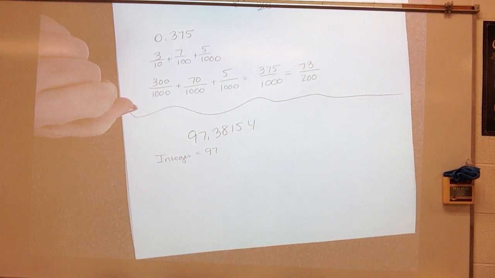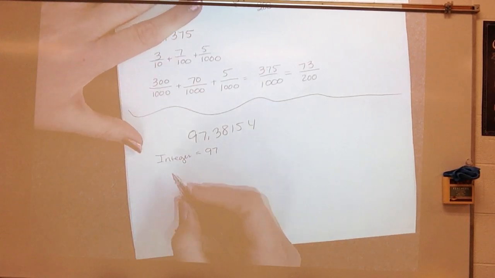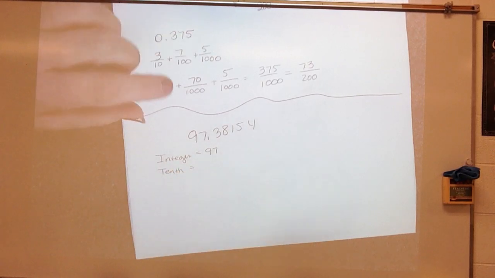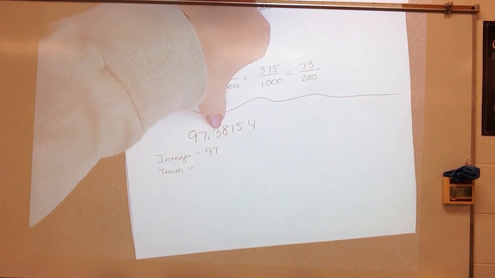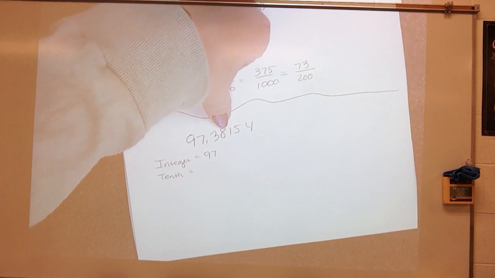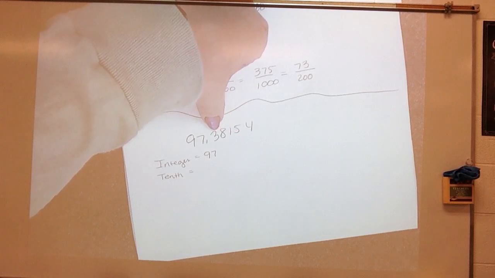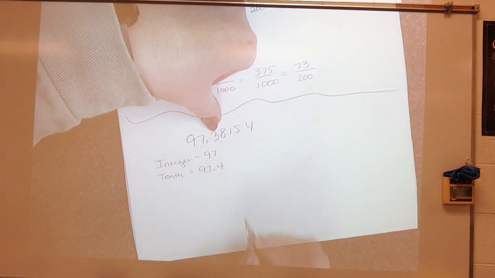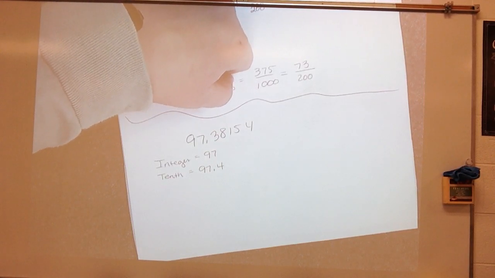All right? If I ask you to round it to the nearest 10th, so I'm going to go to the 10th spot, and I'm going to look at the number right after it. It is 5 or above, so I'm going to bump 3 up to 4. So 97.4. All right.